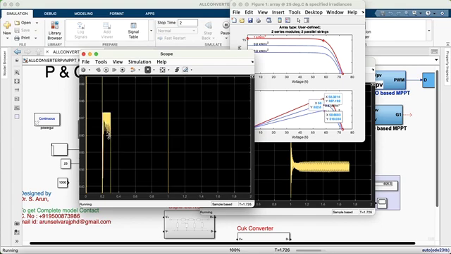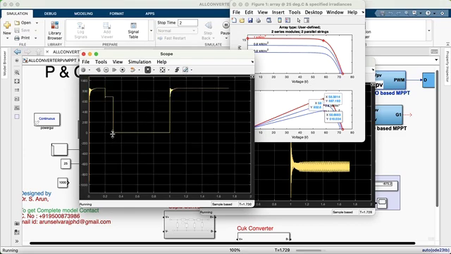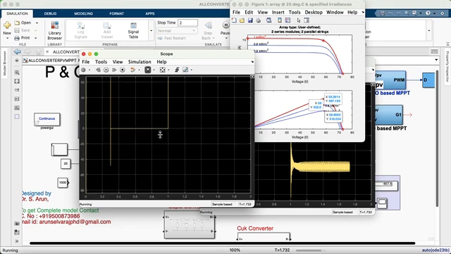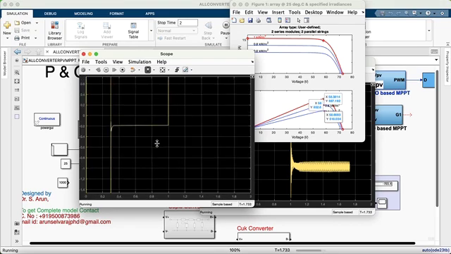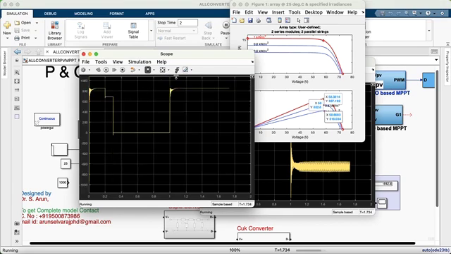From 0.3 to 1 second, the irradiance level is 0. So obviously the PV panel tends to 0 voltage, and there will be no power. Therefore we are getting 0 watts.